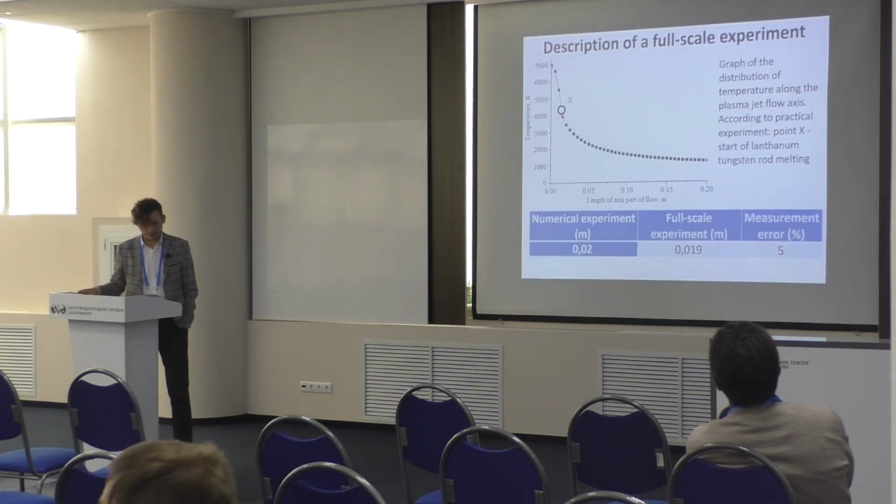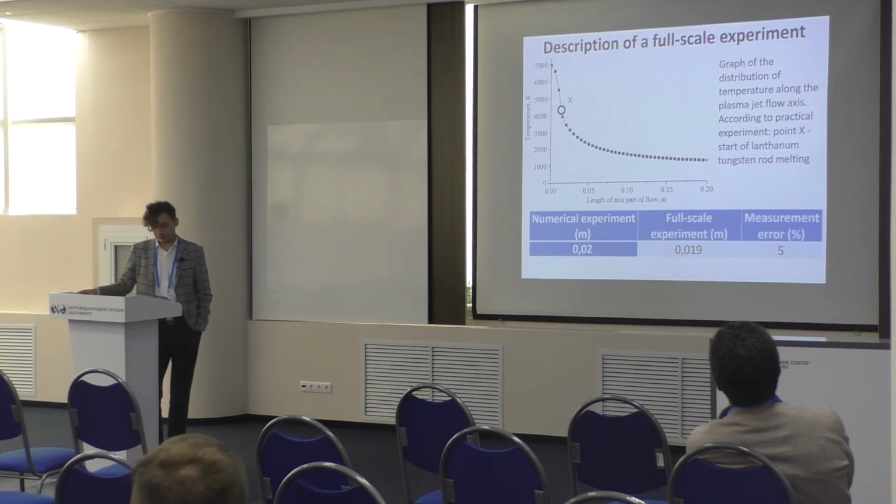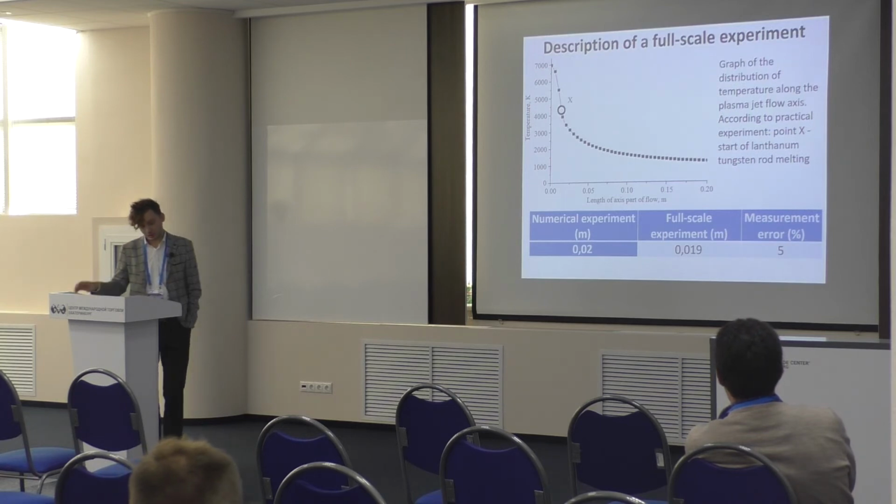In order to verify the results of the theoretical experiments, a full-scale experiment was carried out to establish the temperature in the characteristic point. For this, a rod with a diameter of 3 mm made of tungsten was used, which was clamped in a manipulator. The manipulator was located at a distance of half a meter from the plasmatron.